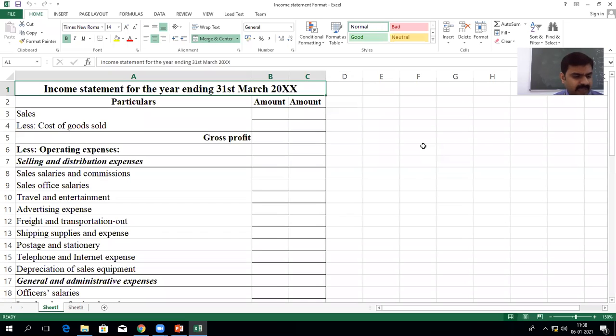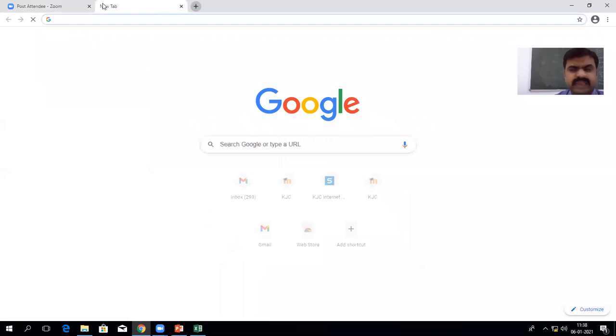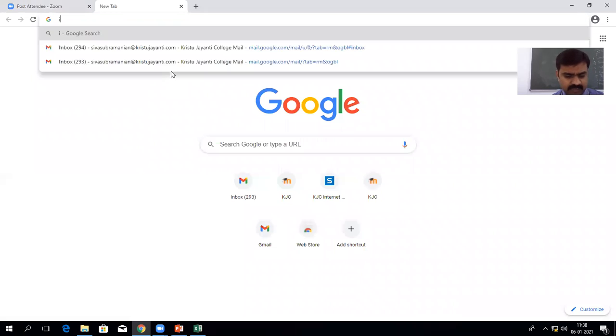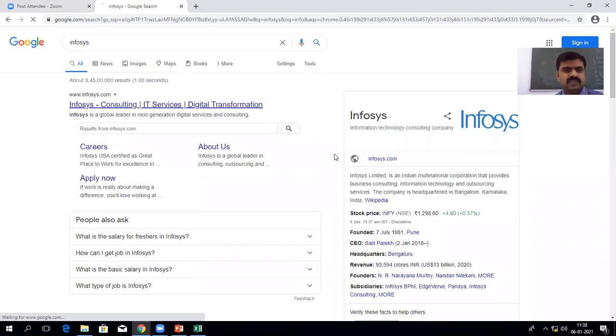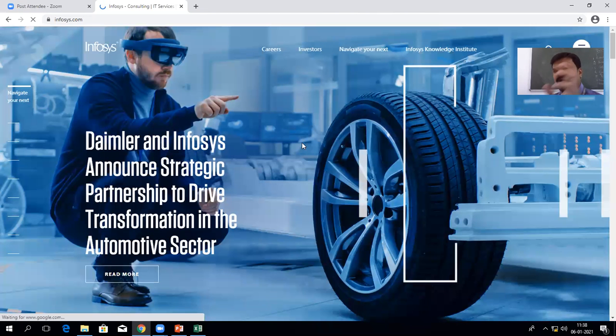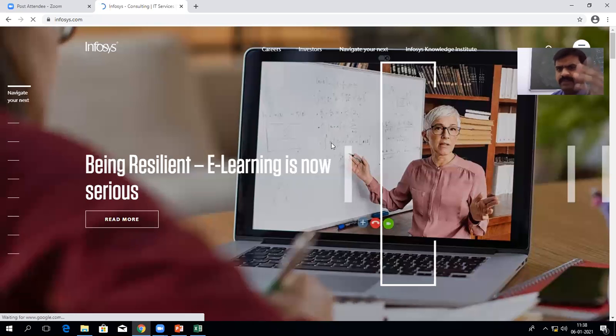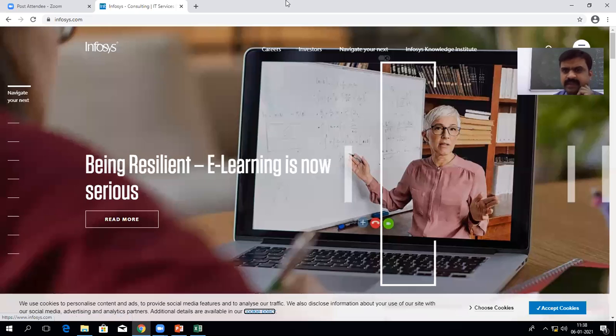You all know how to access a company's financial statements. See, you can go to any company. For example, you go to Infosys. I'm showing you how to download the financial statement so that you can use it for your assignment.